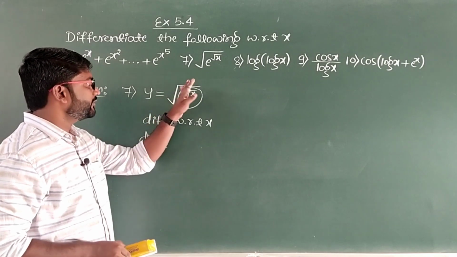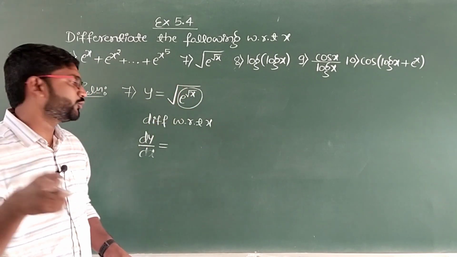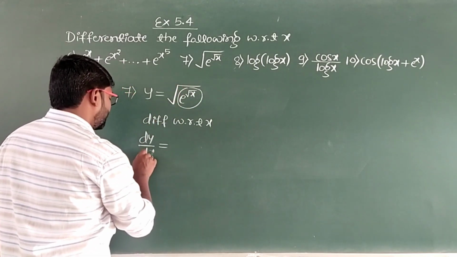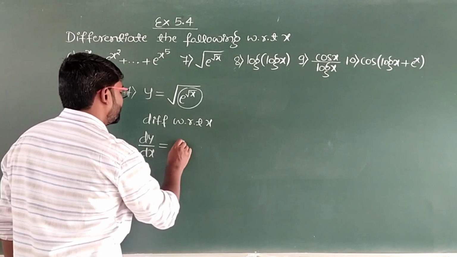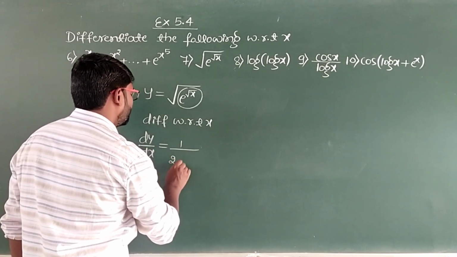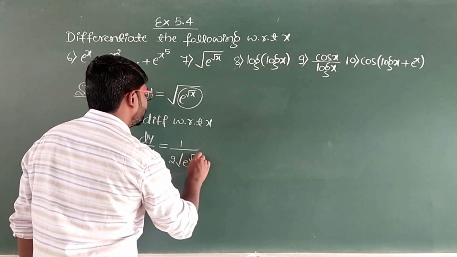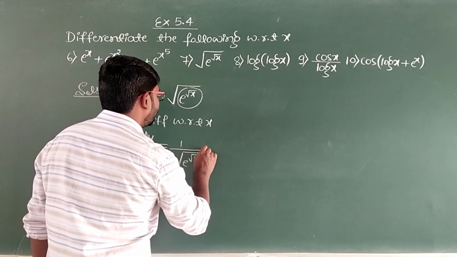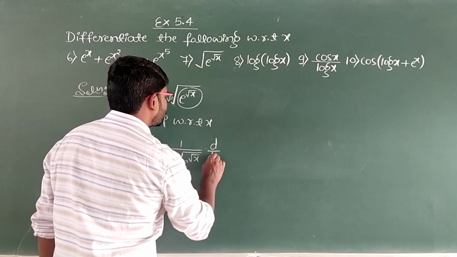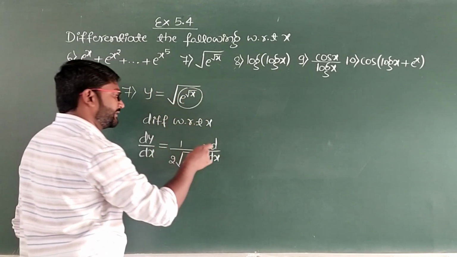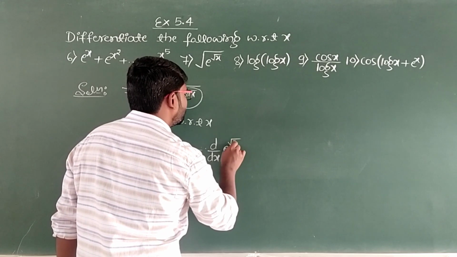What is the derivative of root x? It will be 1 by 2 root x, 1 divided by 2 root x, where x means e to the power root x here, into d by dx of this inside function e power root x.